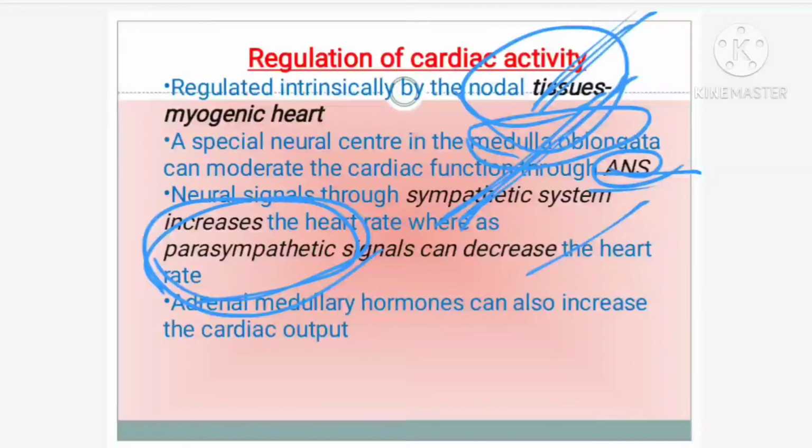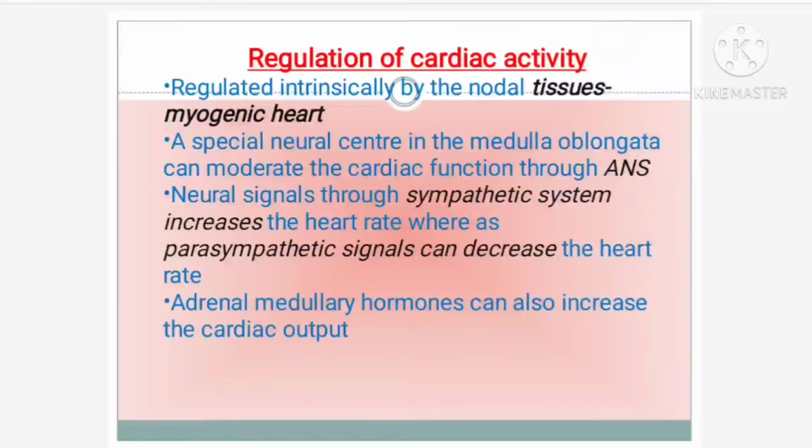Another one is the adrenal medulla hormones. This autonomic nervous system, as well as the sympathetic or parasympathetic, comes into action by sensing the concentration of hormones in the blood. Immediately, when I told you that you are seeing a snake, your heartbeat rate is increasing.